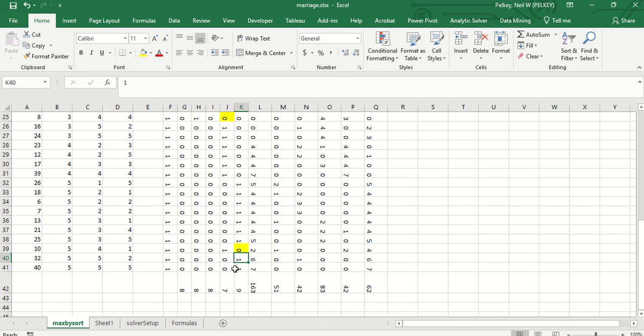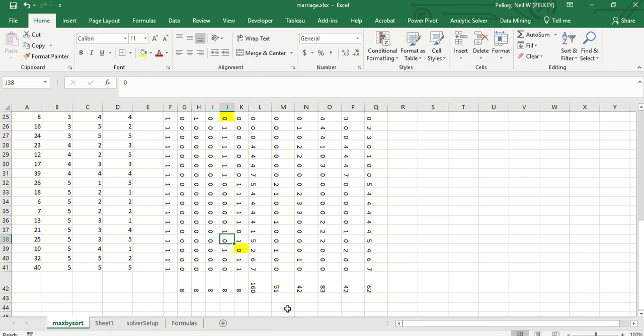Are there any of our 5s whose second choice would be a 4? This one's second choice would be a 4, so I'm going to make that a 0, and go over and put a 1 in the 4s. And I save.